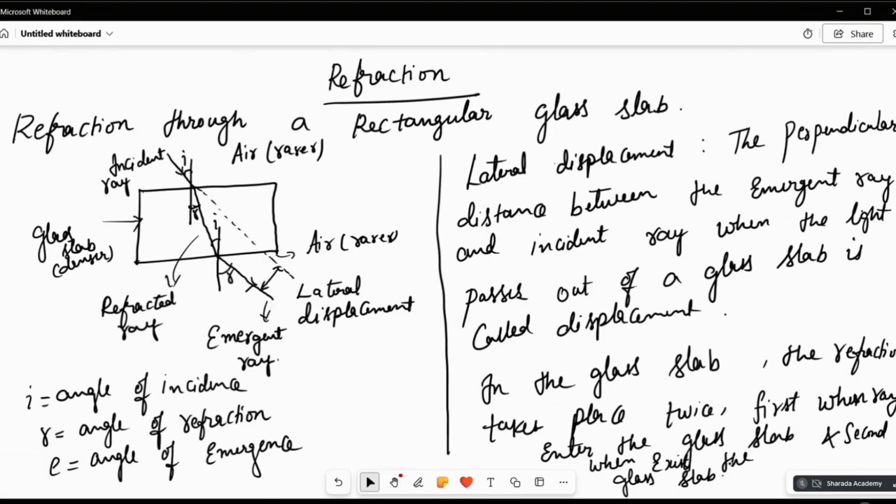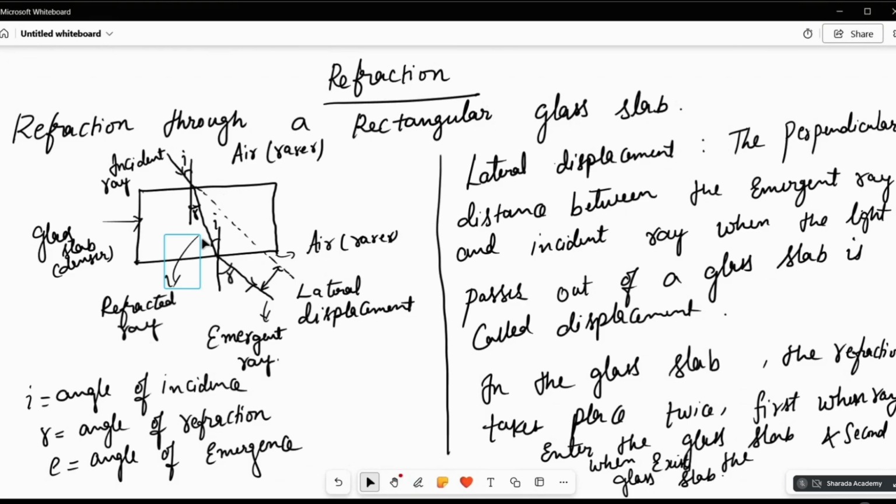When the light from the air passes through the glass, there will be change in the medium from air to glass, correct? So there will be refraction. At that time what happens? Light is moving from rarer to denser medium. So there the light bends towards the normal.